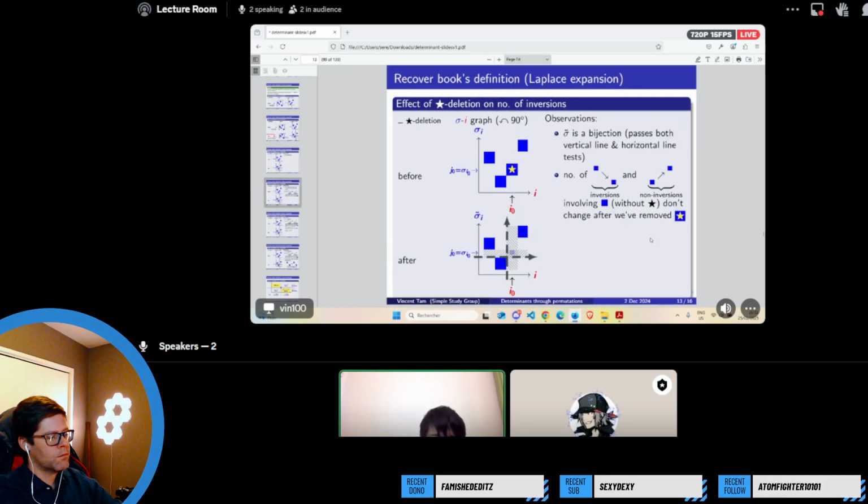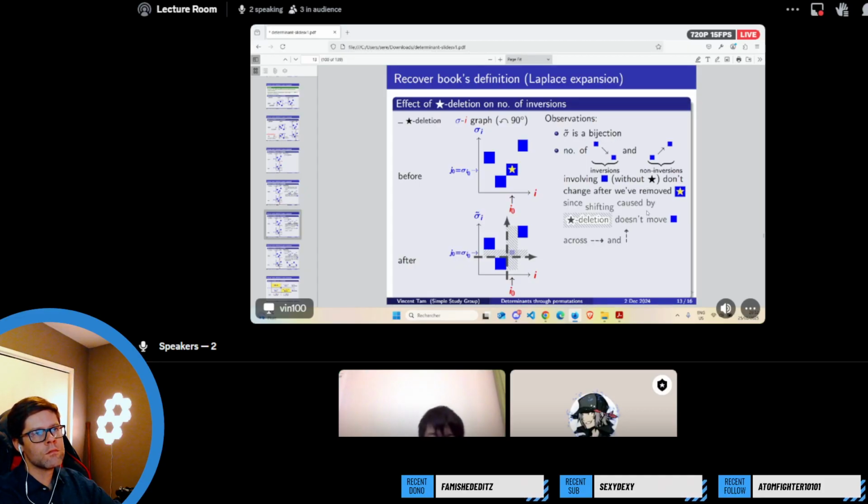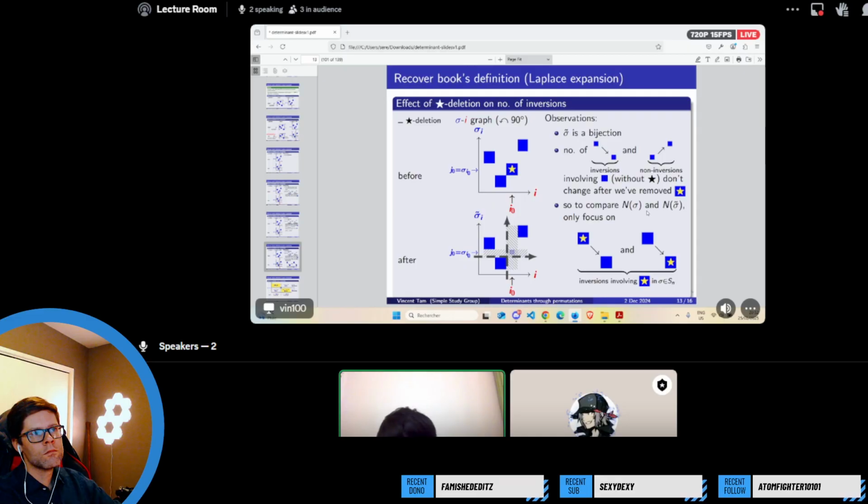If you want a detailed explanation, draw a fixed line like this, and after the star deletion the cells don't cross this border. That's why these inversions and non-inversions without the star won't be changed after this star deletion. And then we only need to focus on inversions that involve the star, the yellow star.